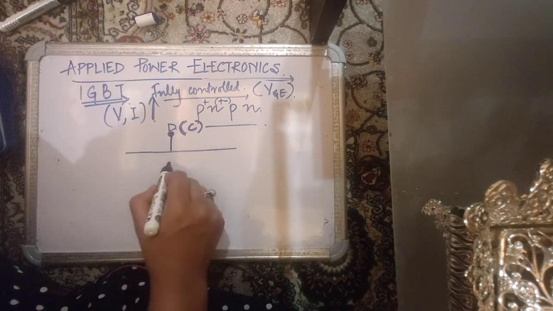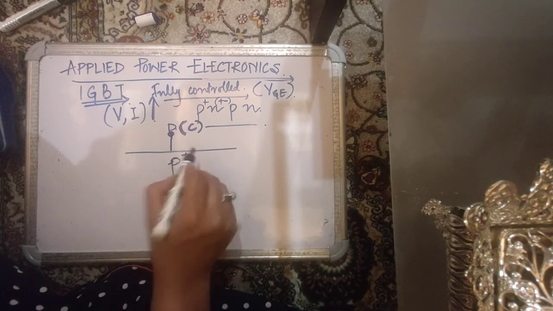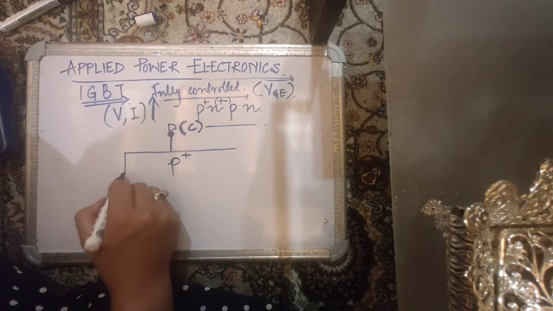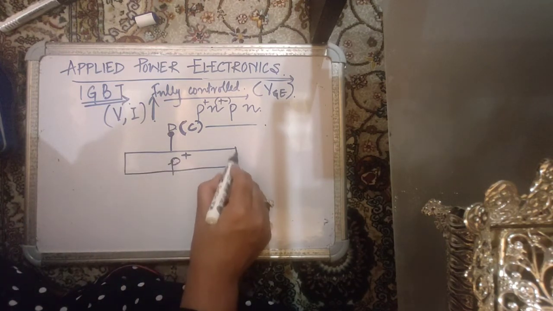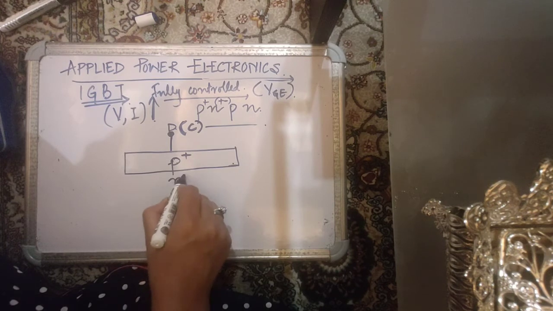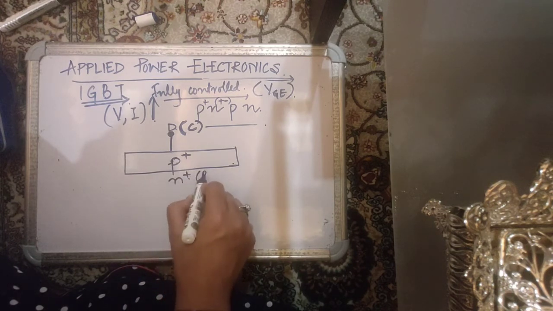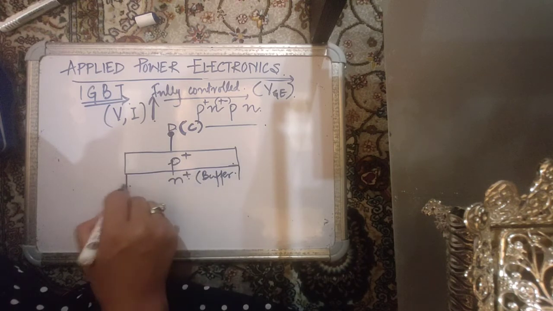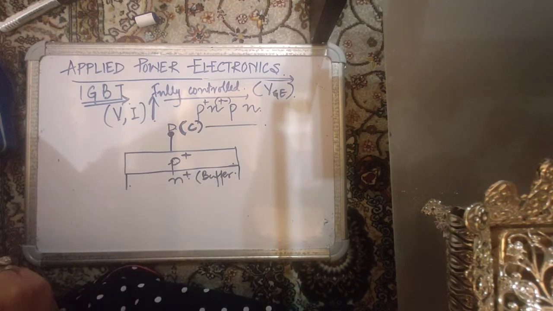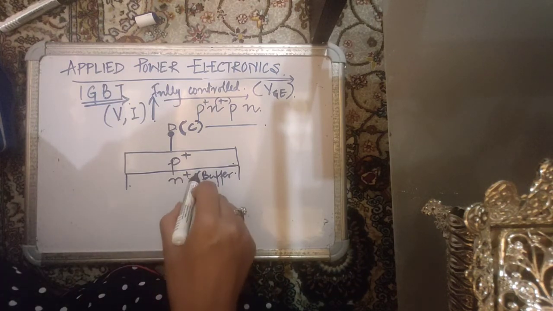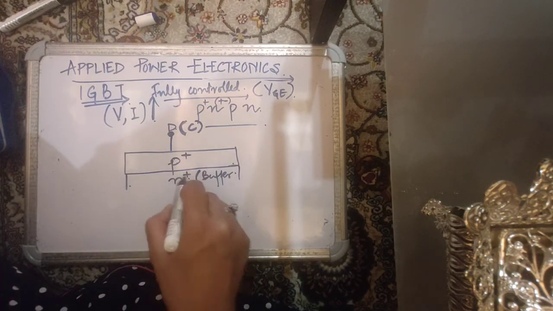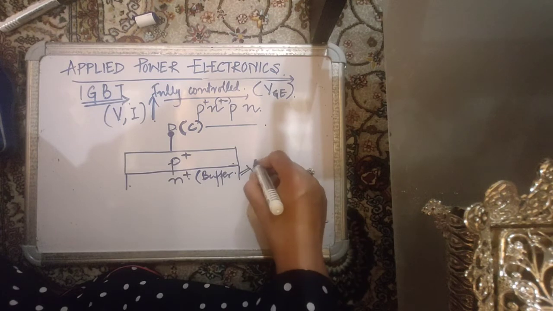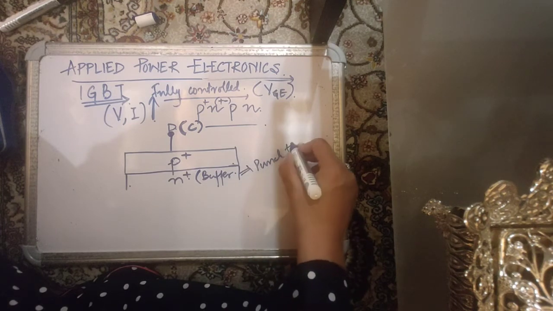So you have a P region, pretty highly doped, P plus, followed by an N region, which is highly doped, and it is known as a buffer region. Not all types of IGBTs have this. Some have it and some do not. Those IGBTs which have this N plus region are known as punch through type IGBTs.